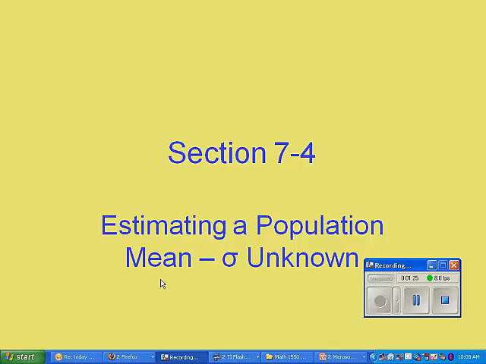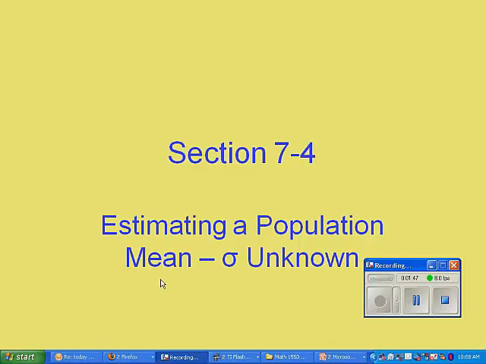Now I said I'm skipping section 7.3. It has almost exactly the same title, except for one part of the last word. Section 7.3 is if you know sigma. What does sigma stand for? The standard deviation of the population.